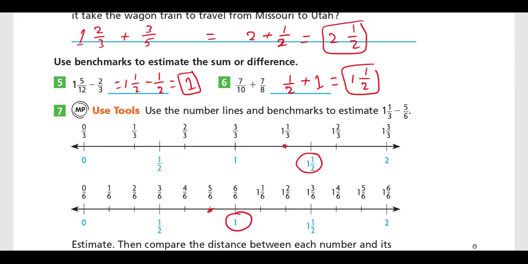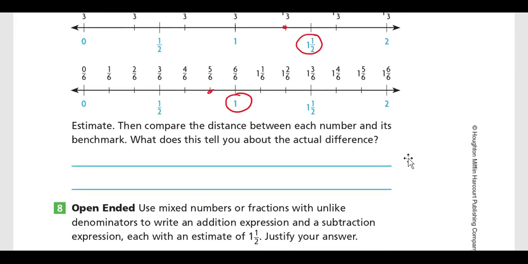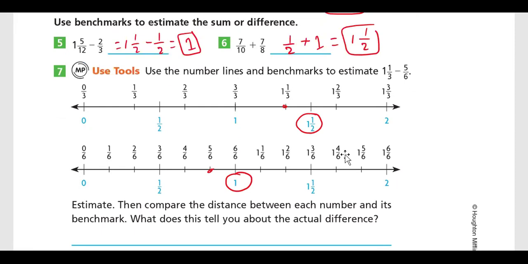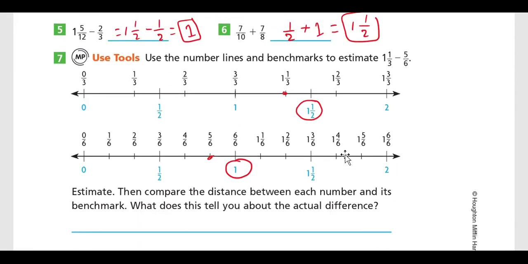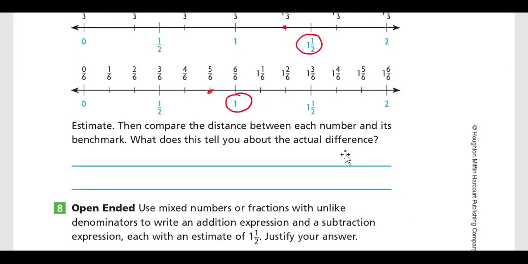Then compare the distance between each number and its benchmark. What does this tell you about the actual distance? The actual distance, we have to subtract these two numbers. But if we use an estimate, we should estimate first.